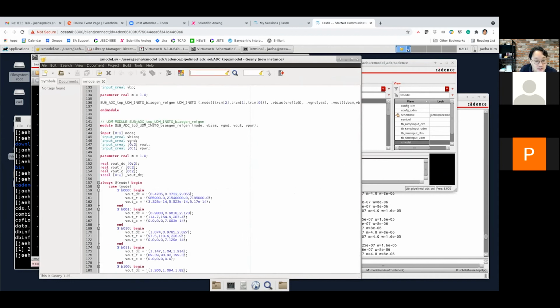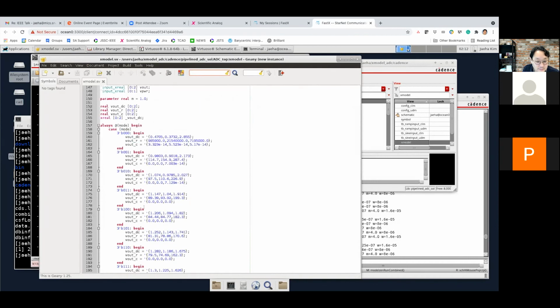Okay, this is the model generated by the UDM for the reference generator. And remember, it had 3 bits of trimming bits. So it has constructed the lookup table that will set the output DC level, output resistance, and output capacitance for each of the mode input combinations.